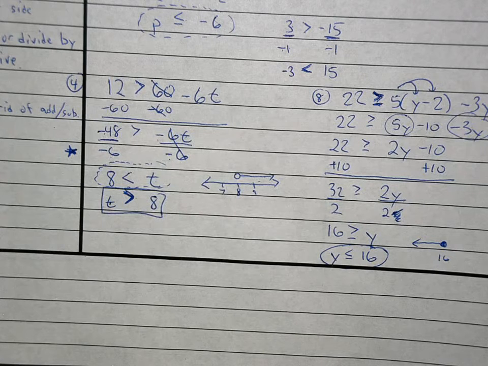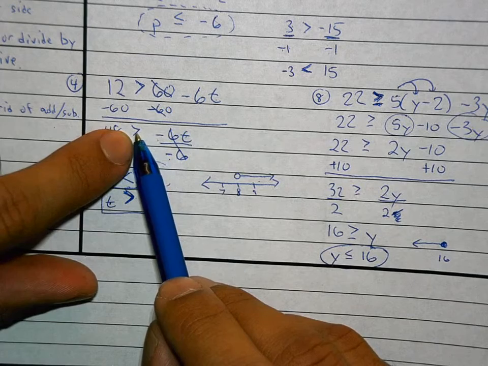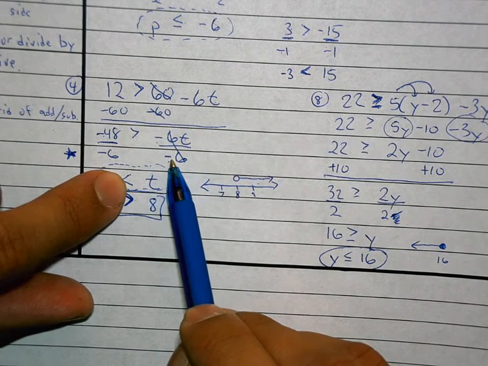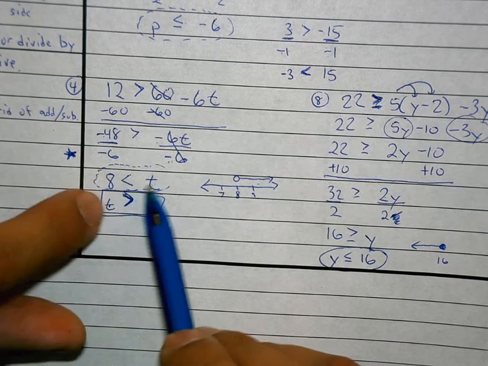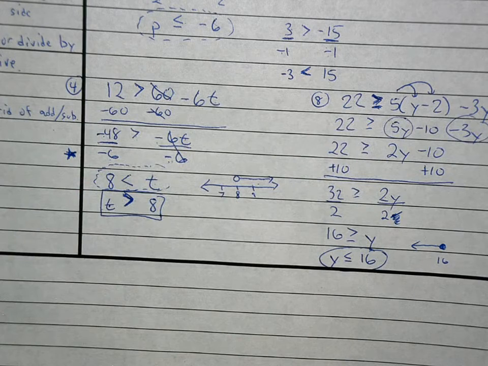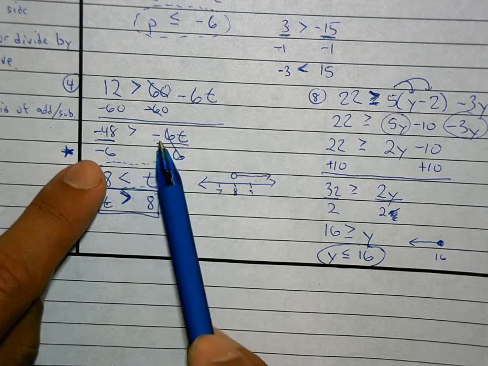Sometimes you flip it once. The reason why this one flipped from here to here is because we divided by a negative. So this has to flip. Then when we switch sides, it has to flip as well. The only time we flip or change directions is if we divide or multiply by a negative. We divided by a negative.